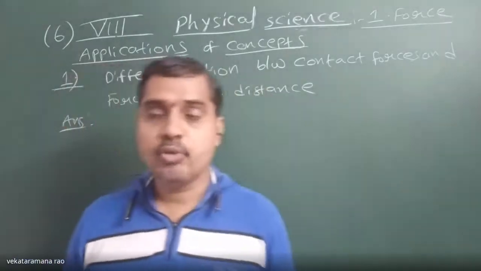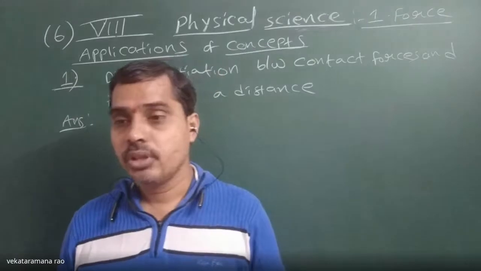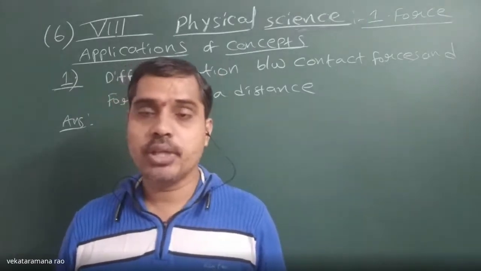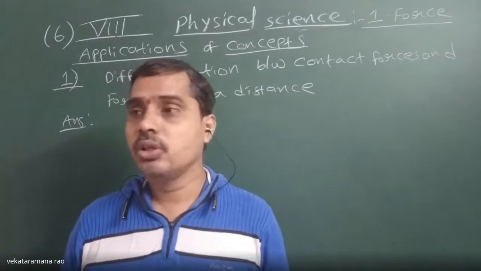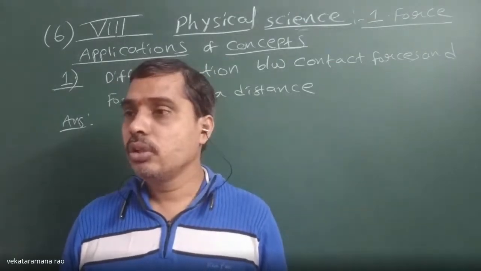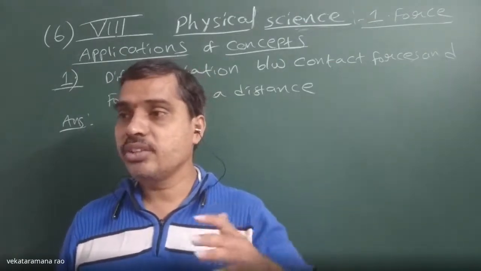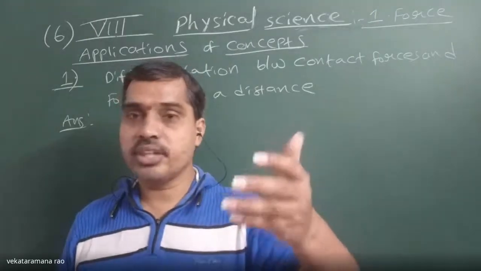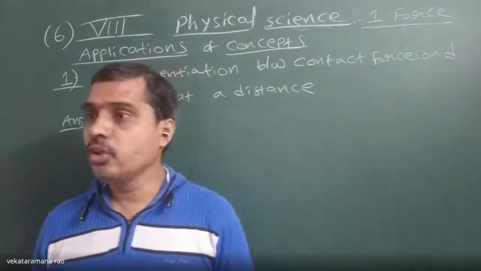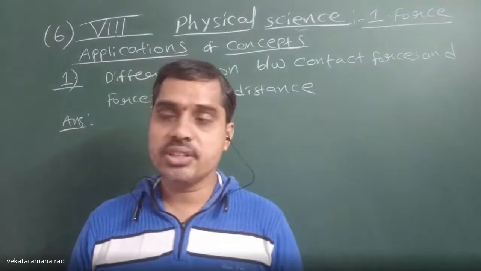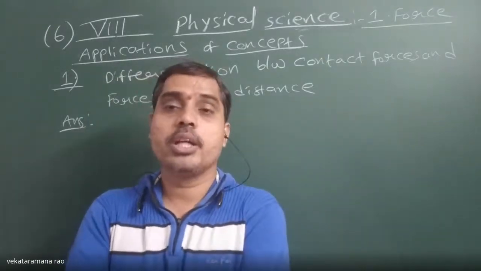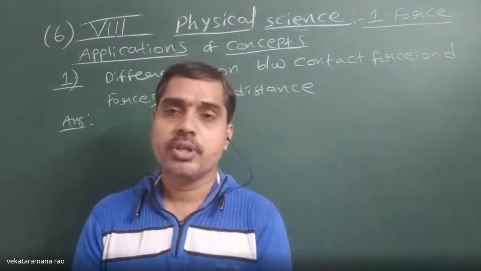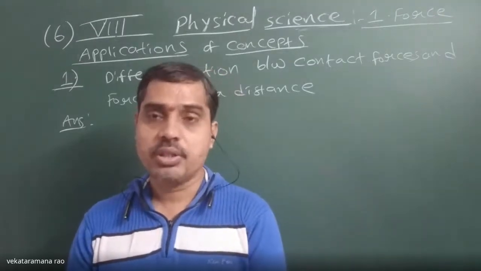Whereas in forces at a distance, a magnet can apply a force of attraction or repulsion even though the magnet is at a certain distance from the magnetic substance. In that way, a magnet can exert force on magnetic substances.